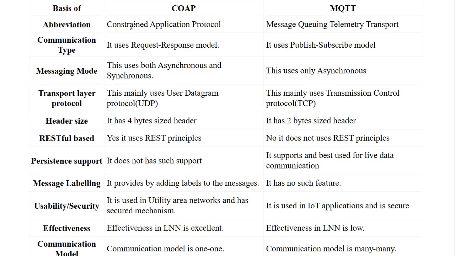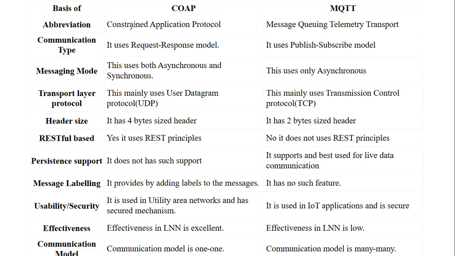Message labeling is done in CoAP, and in MQTT this feature is not available. And the Constrained Application Protocol is used in utility area networks, and it has a secured mechanism, and MQTT is used in IoT applications and it is also secured.